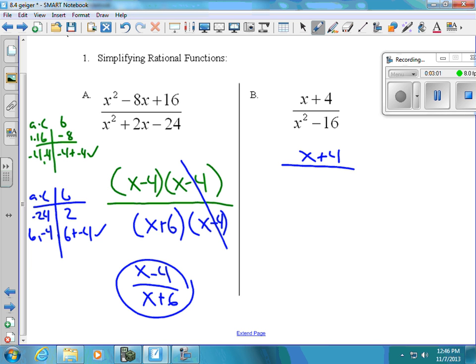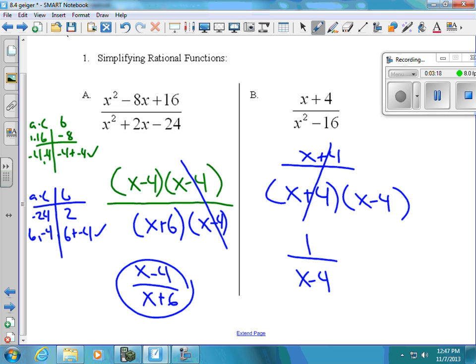It's a difference, a subtraction sign in between, so it's a difference of squares pattern. So this will factor to x plus 4 times x minus 4, which is really good news because I see an x plus 4 on the top and on the bottom. So this is just 1 over x minus 4. Not x minus 4 on top, remember that cancels out. If there's nothing on the top, it has to be a 1.